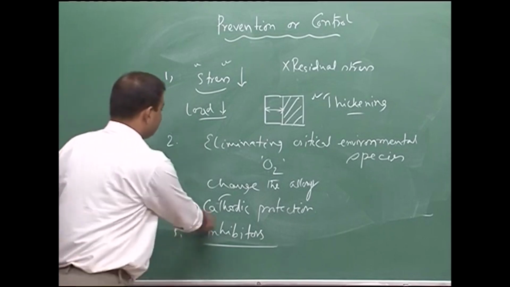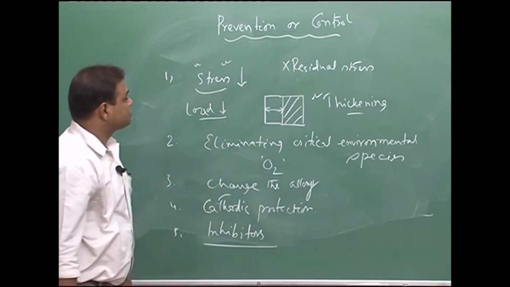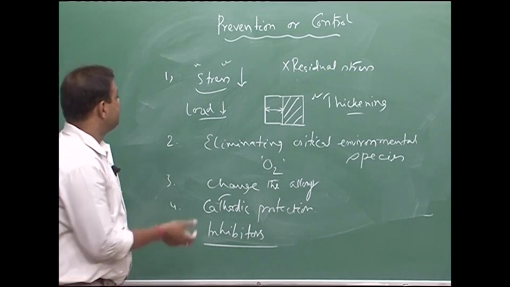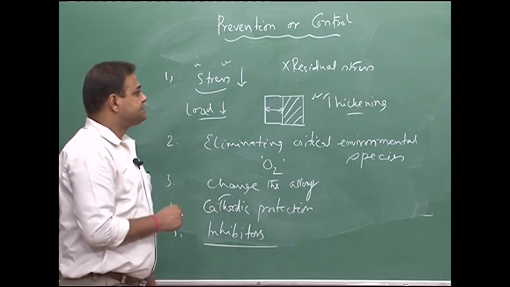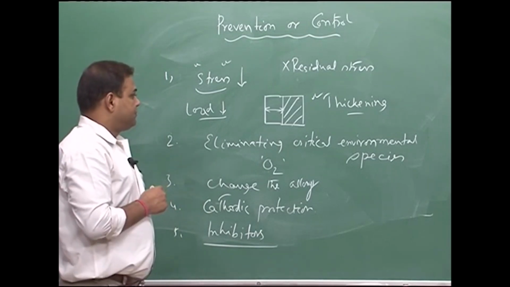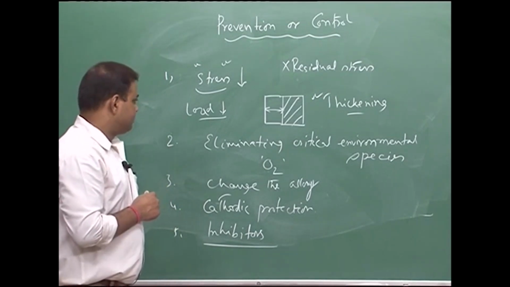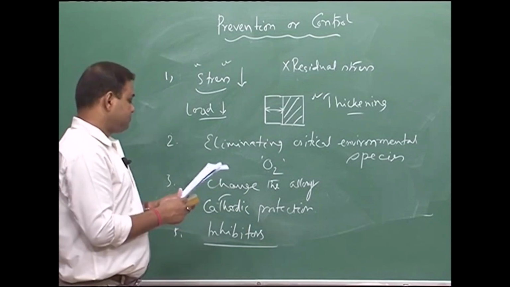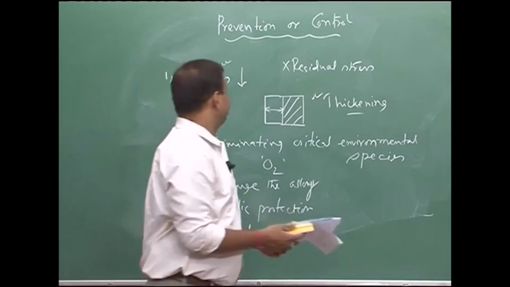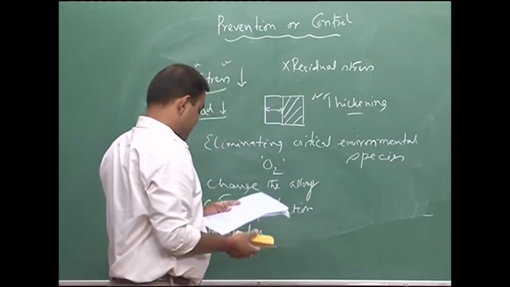So, an inhibitor can decrease the SCC tendency or improve the SCC resistance of a particular metal or alloy when it is exposed to a particular solution. So, these are the prevention ways or routes.